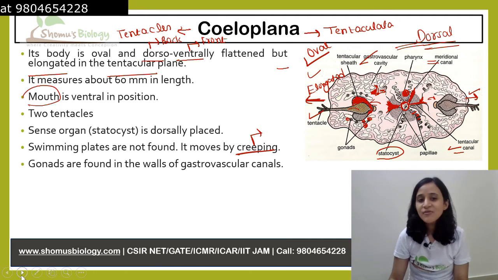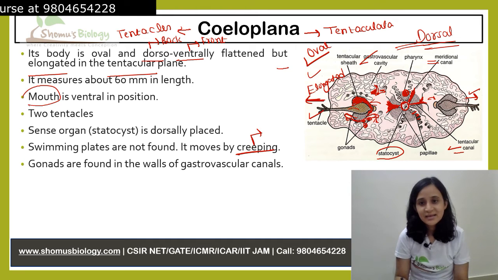And the gonads are found in the walls of the gastrovascular canals, because now we know what is the gastrovascular canal. So this is the gastrovascular cavity, and this canal is the gastrovascular canal, and the gonads are located in the wall of this gastrovascular canal.